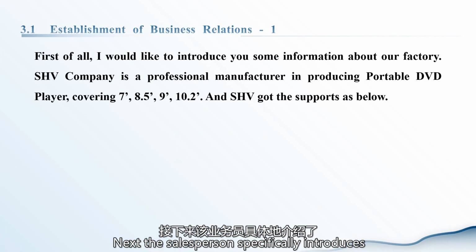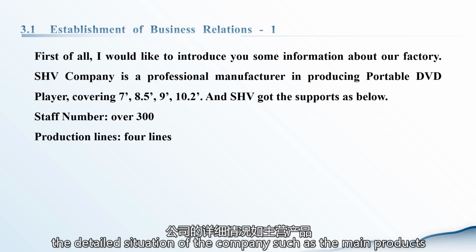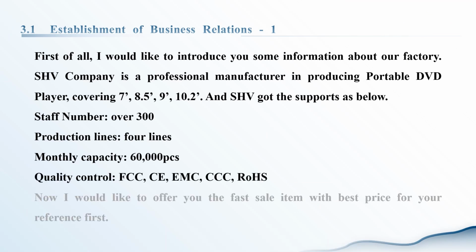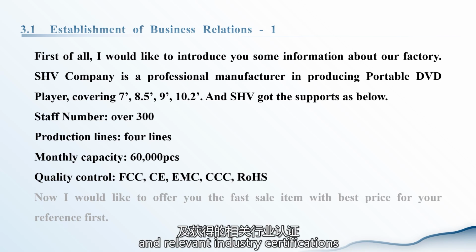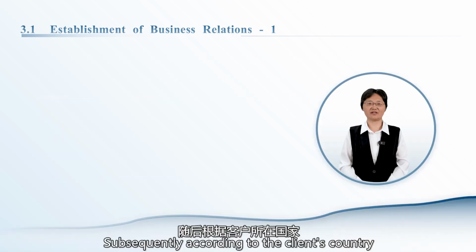Next, the salesperson specifically introduces the detailed situation of the company, such as the main products, the number of employees, the number of production lines, monthly supply capacity, and relevant industry certifications to enhance the client's confidence.